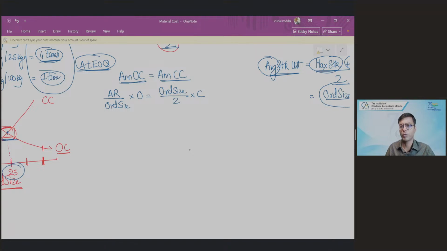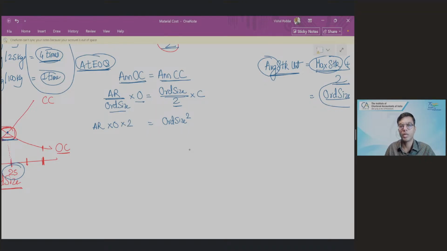Now simply what I will do is bring order size to one side. Here it is divided by, here it is multiplied by. So it will become order size square. And I'll take all other figures to the left hand side. So AR I already have, O I already have. Here 2 is divided by, so here it will be multiplied by.